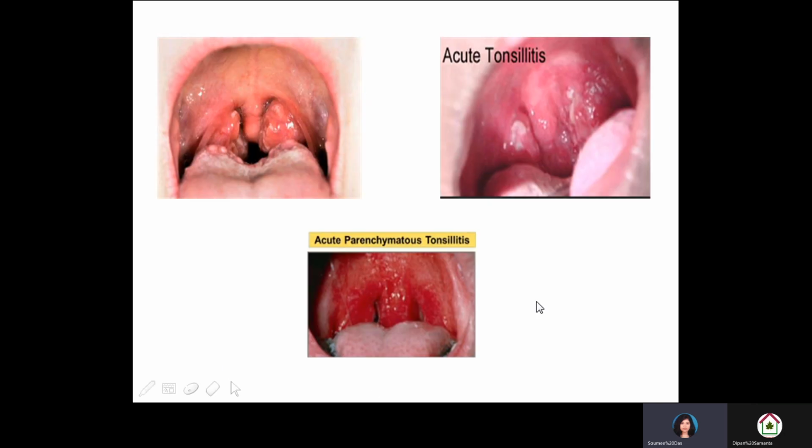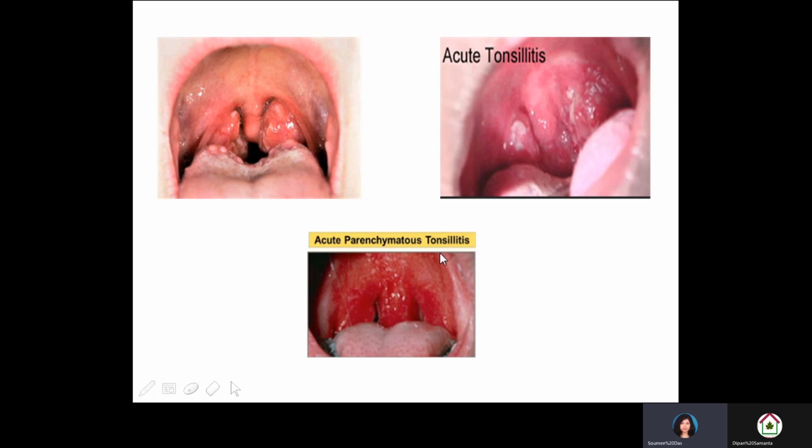See, these are pictures of different types of acute tonsillitis. Like this would be swollen, reddened. The tongue is white. It's not red anymore. The tongue has been coated with white patches. And this one is known as acute parenchymatous tonsillitis.